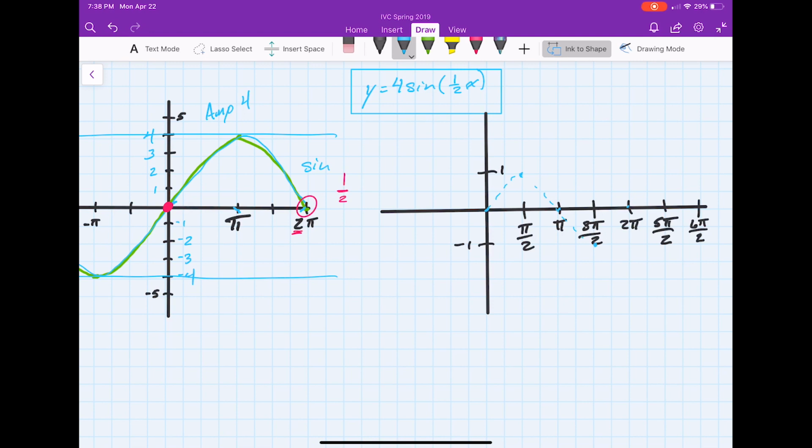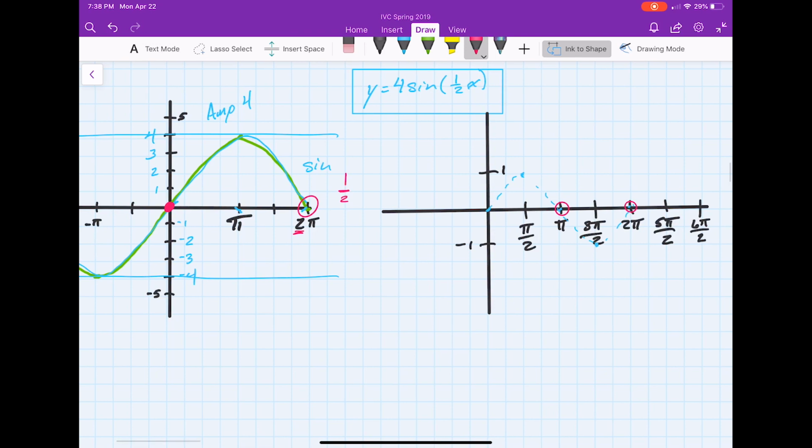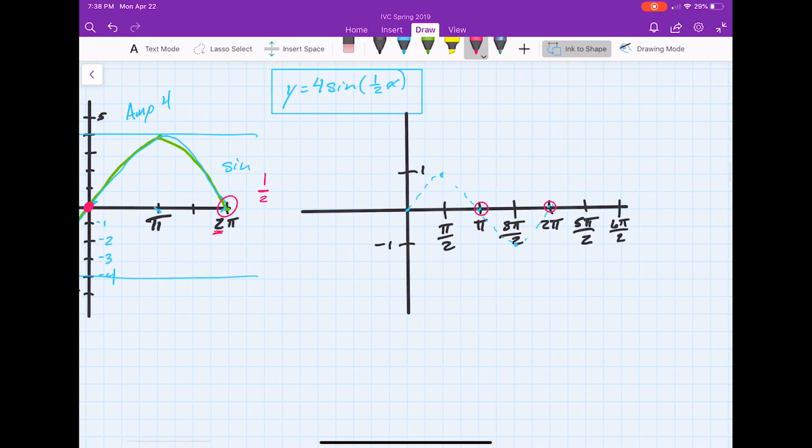Now, if we start at the beginning of the cycle and count out, we have two crossings of x. So start at the beginning, don't count the beginning one. We have two crossings over 2 pi. That would equal 1. So if this was just a regular cycle, it would just be 1x, but we wouldn't write the 1. It would just be x.